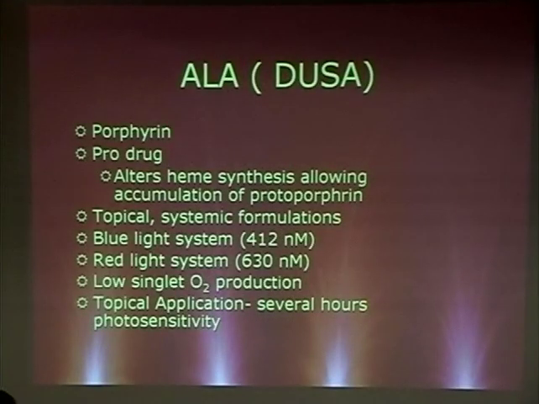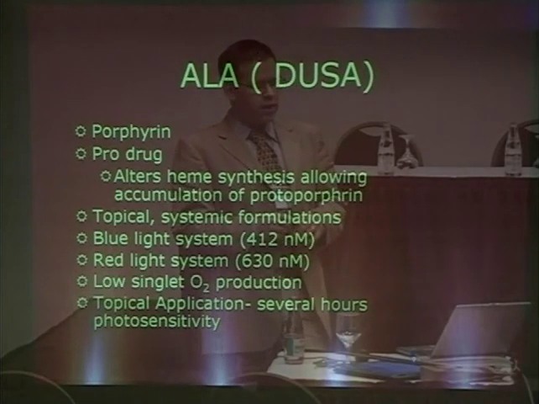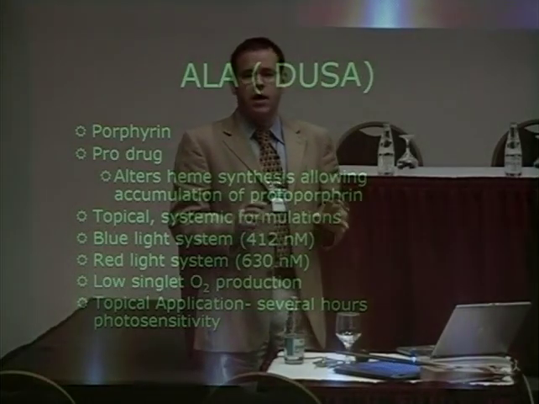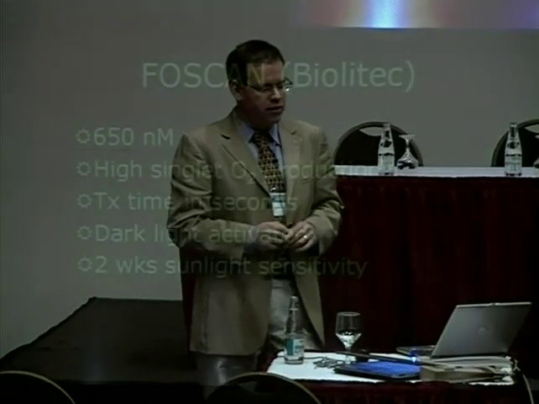The other one that's quite common in the United States is called ALA, and this is a prodrug. It's transformed into protoporphyrin 9, which is an active photosensitizer. It's quite good with the blue light system, and it is used for a lot of skin lesions in the United States. It's topically applied. There's a very potent photosensitizer called FOSCAN, which is commercially available.